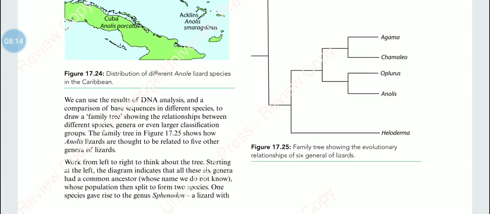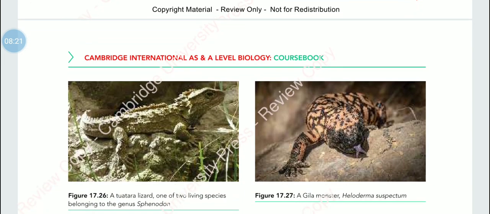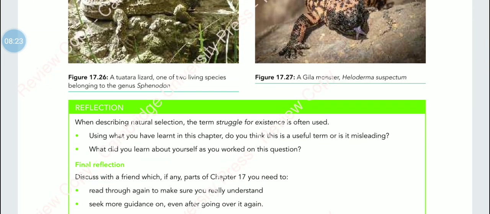We can identify these species by studying their DNA sequences. That gives us the understanding that they have evolved from a single common ancestor.